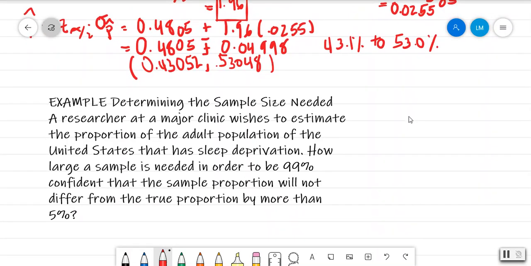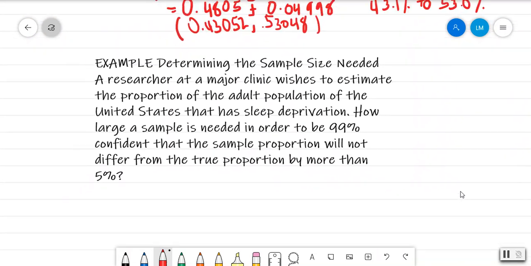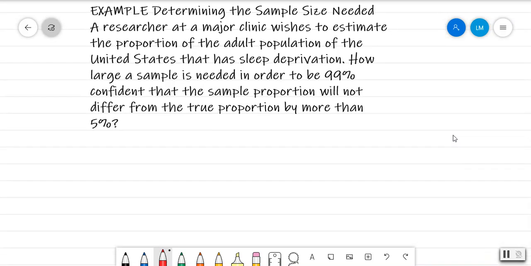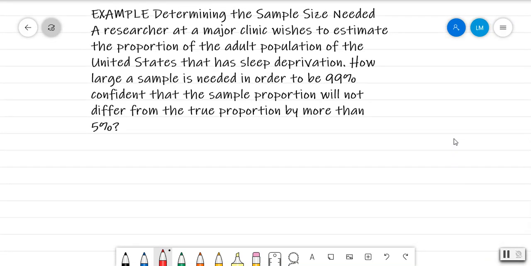Okay, now let's look at an example where we want to determine the sample size needed. So one thing that we will need is what we call the margin of error. The margin of error is essentially just taking the z alpha half and multiplying by the standard deviation.